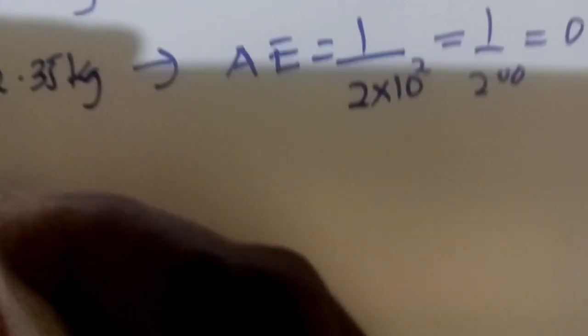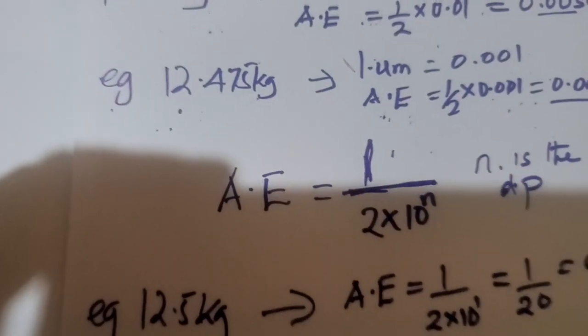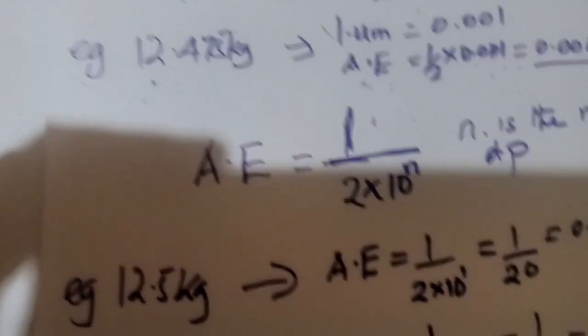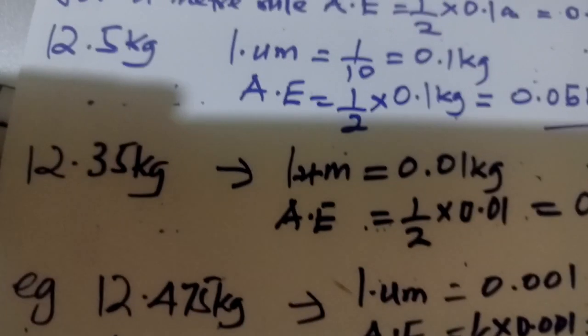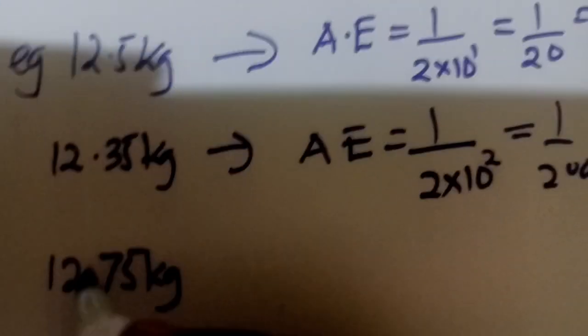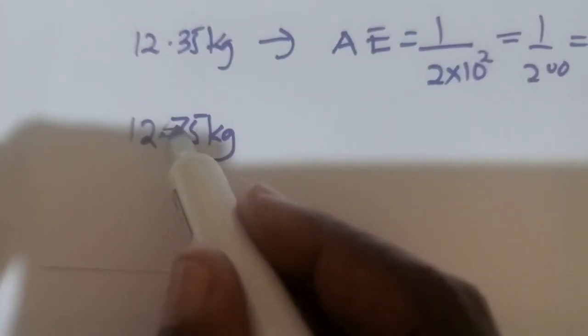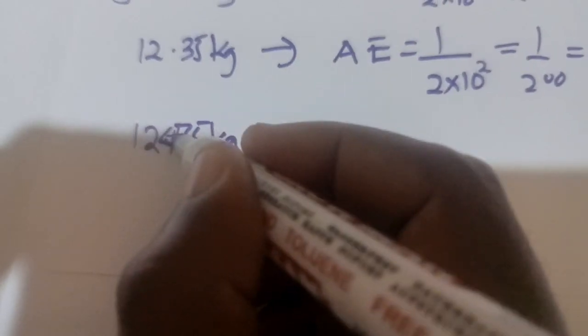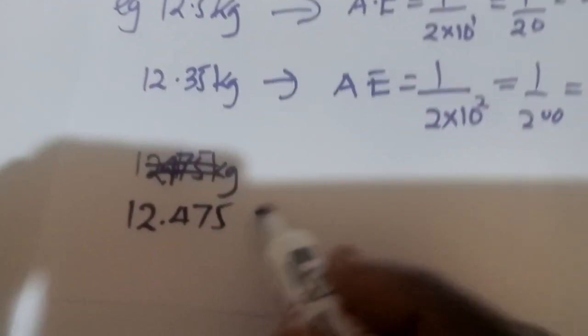Now, if on the other hand we consider the other example that we had, 12.475. What will be the absolute error in this case?